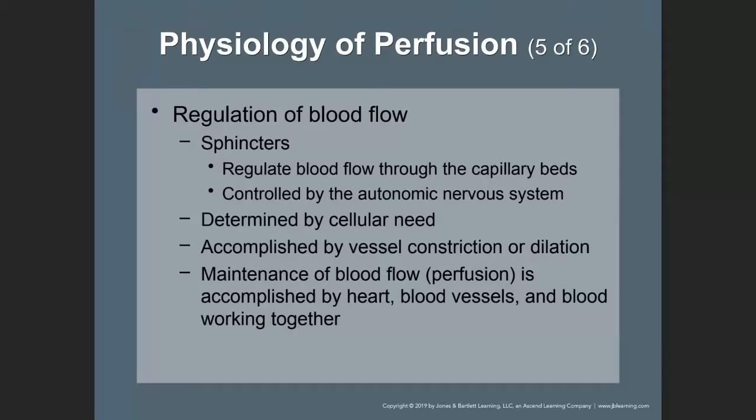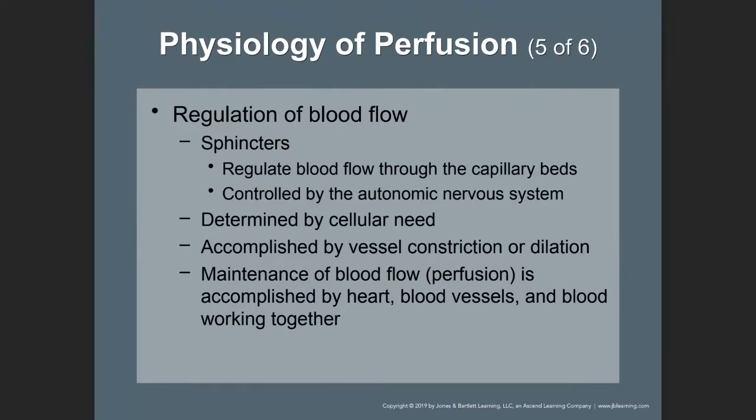Now, regulation of blood flow, capillary sphincters. They regulate blood flow through the capillary beds, and they are controlled by the autonomic nervous system, specifically the sympathetic. Determined by cellular need, accomplished by vessel constriction or dilation.